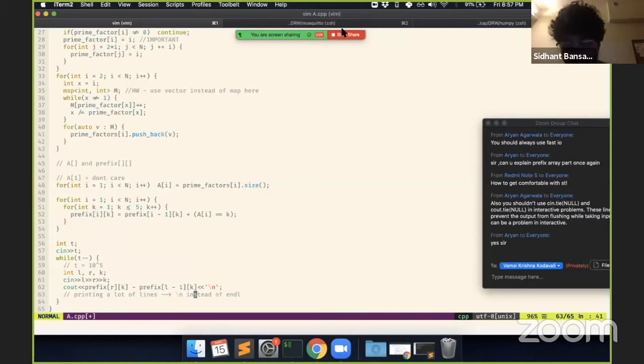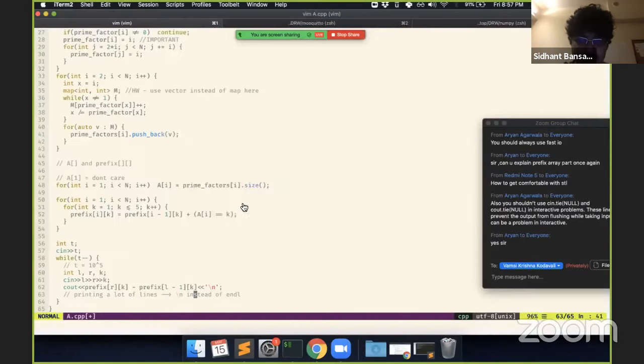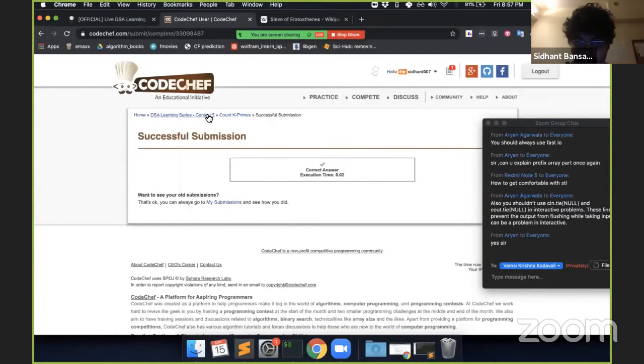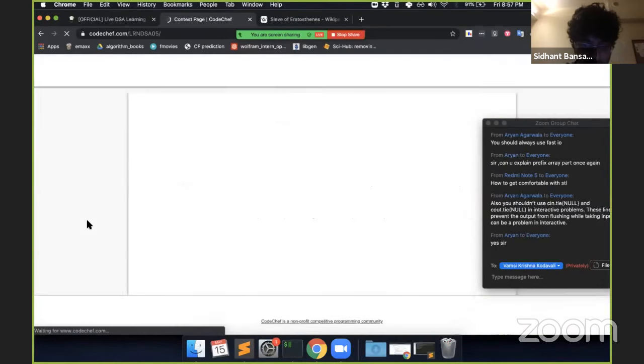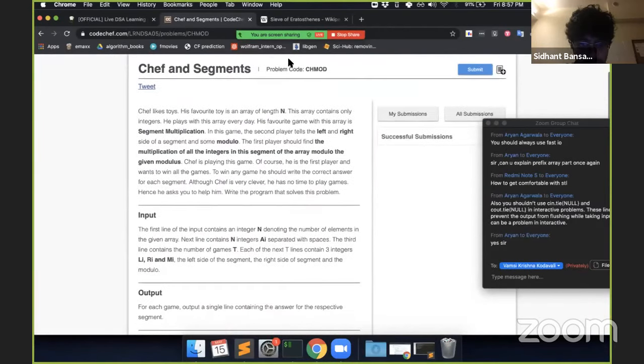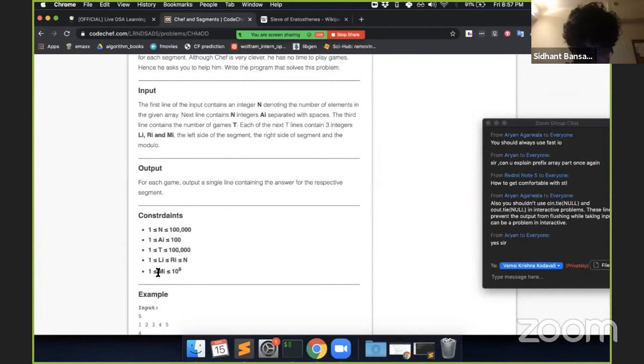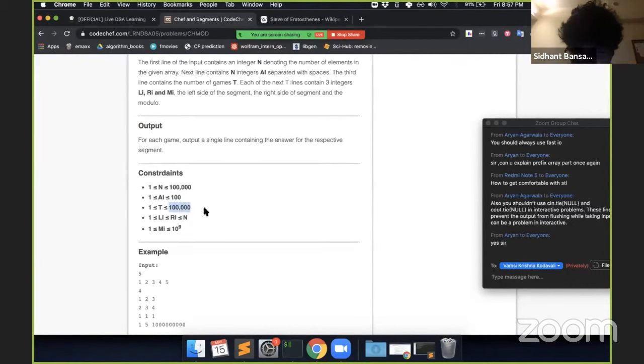I think we'll skip the next problem, which is CHMOD, and you can go through that problem yourselves. I'll just briefly explain the hack in that problem, the thing to look out for. Notice the modulo can be anything in this question. The exploit is this thing: AI is pretty small, AI is just 100. So whenever you get a query, you will get 10 to the power 5 queries.